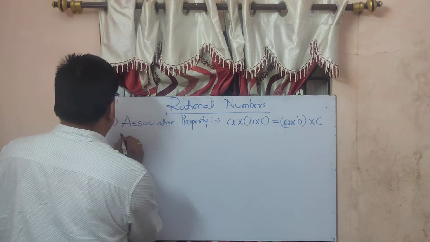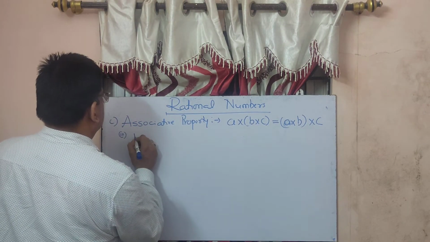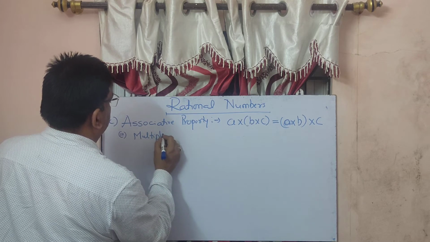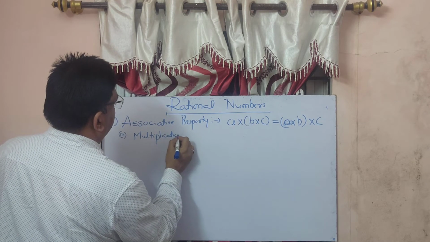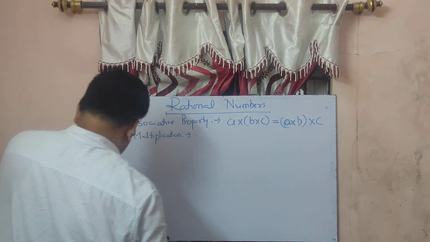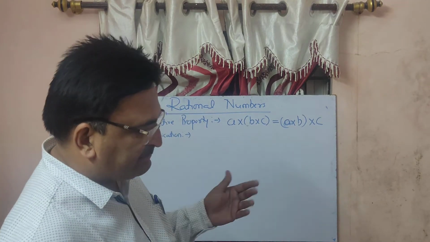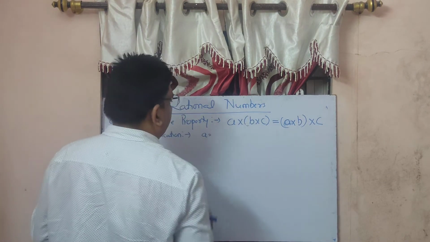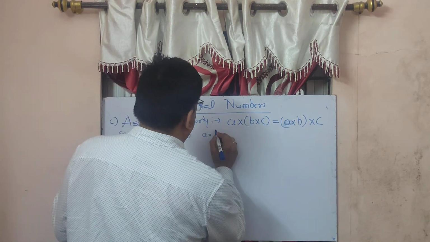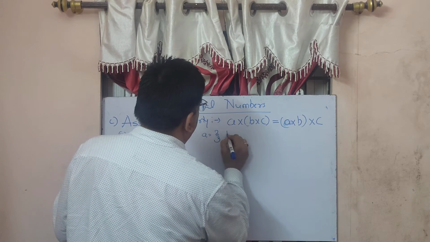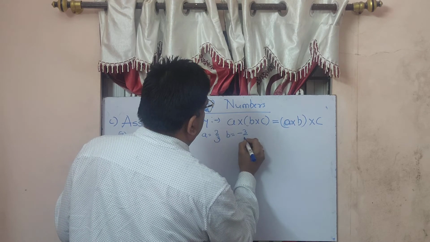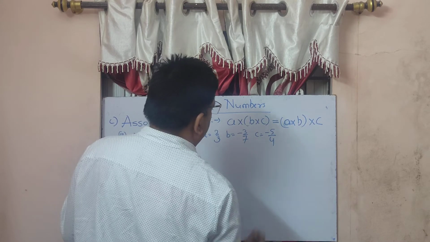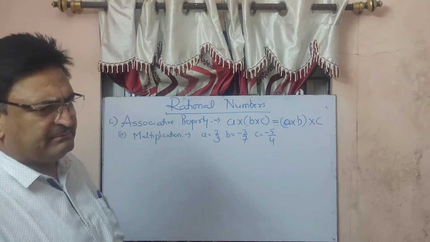Now the third one is multiplication. Again, you can take any three numbers. For example, you can write A equal to 2 upon 3, B equal to minus 3 upon 7, and C equal to minus 5 upon 4. Anything you can take, any numbers.